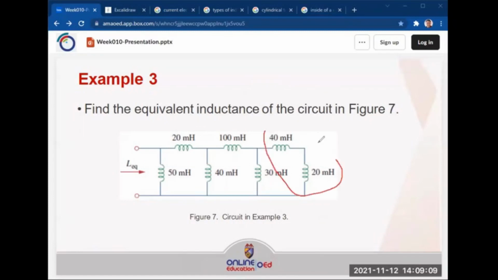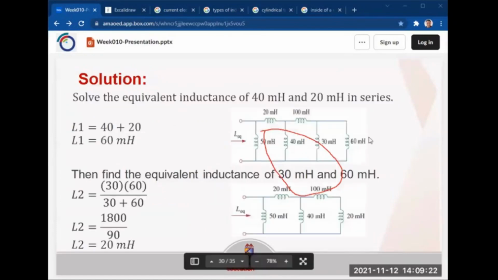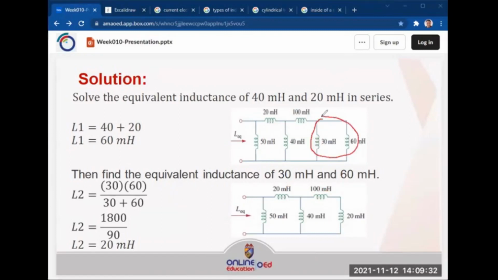Therefore, this one will be in series. So this will be 60. Then this will be parallel. So 1 over 30 plus 1 over 60. This will become 20 millihenries.